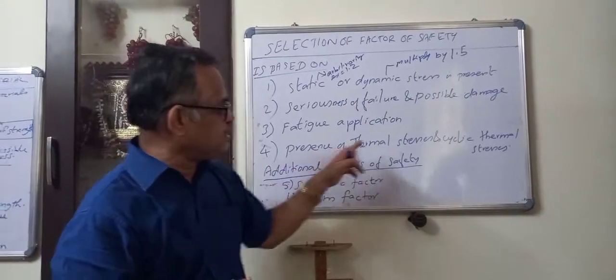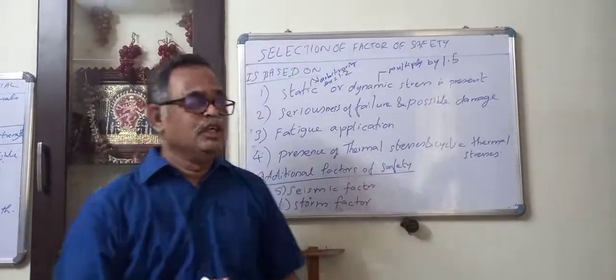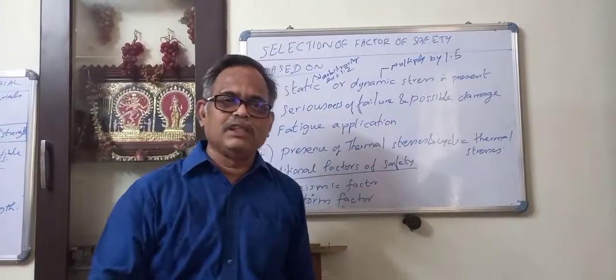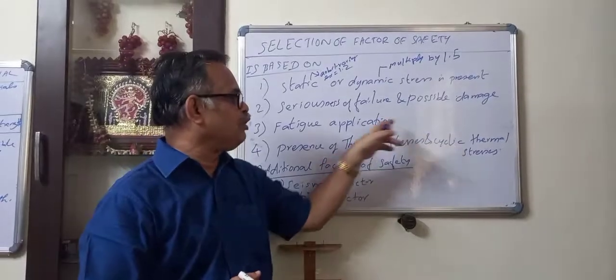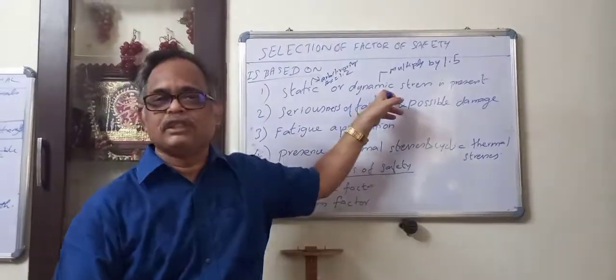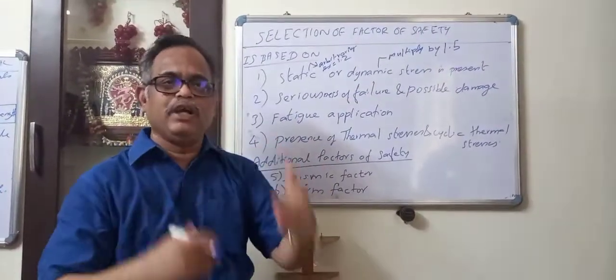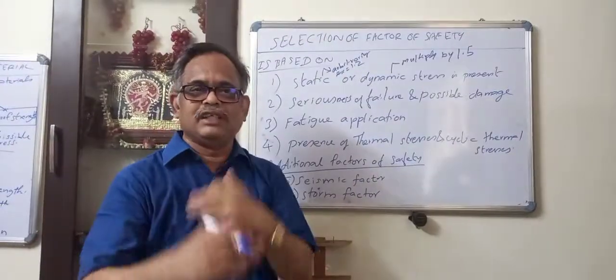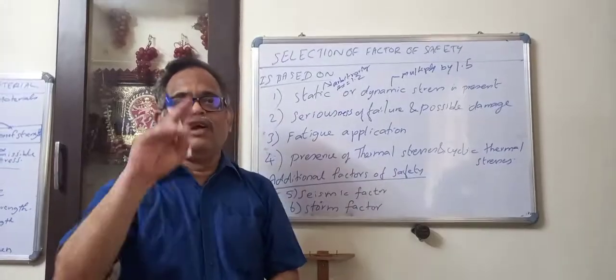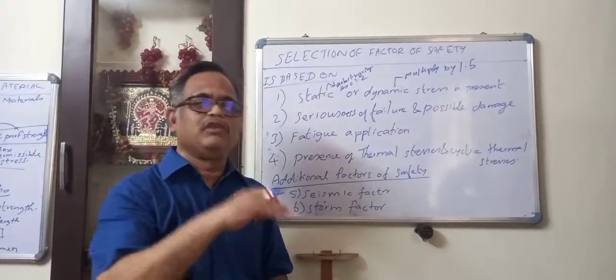Another thing is the presence of thermal stress and cyclic thermal stresses. If cyclic thermal stresses are there, then you have to select something similar to fatigue application or dynamic stress application. Because I explained in the previous lecture how cyclic thermal stresses vary in a particular system, and the system is switched on and off.